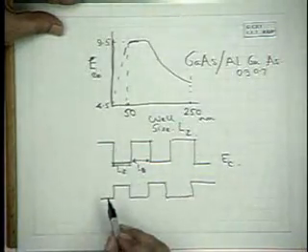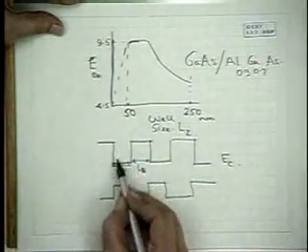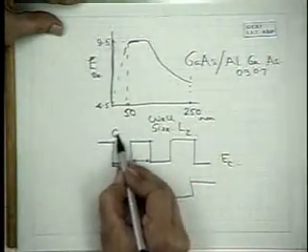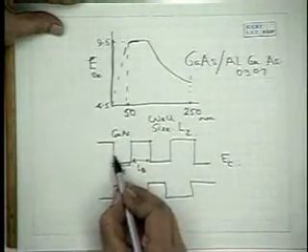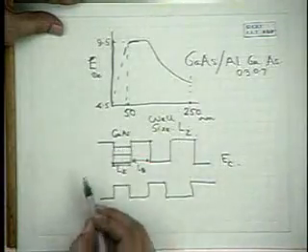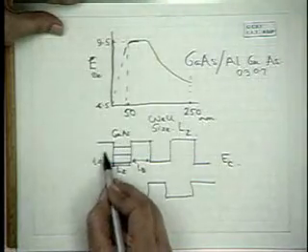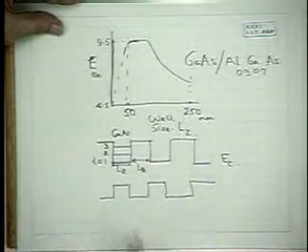The wells are gallium arsenide, as I've mentioned before, and the barriers are AlGaAs. So we have a series of levels corresponding to n equal to 1, 2, 3 in the conduction band.